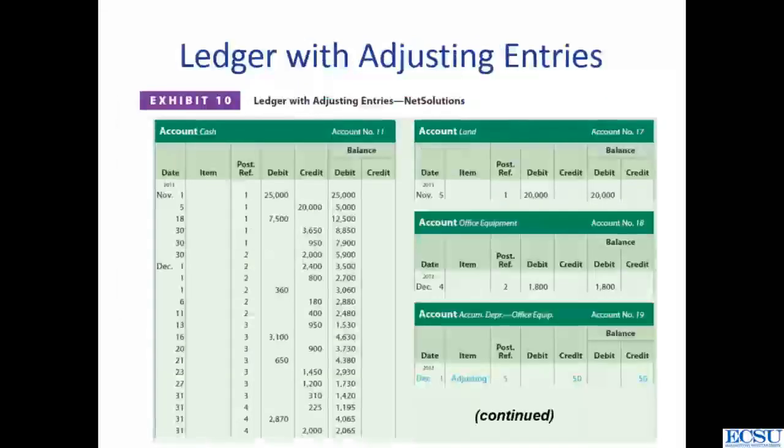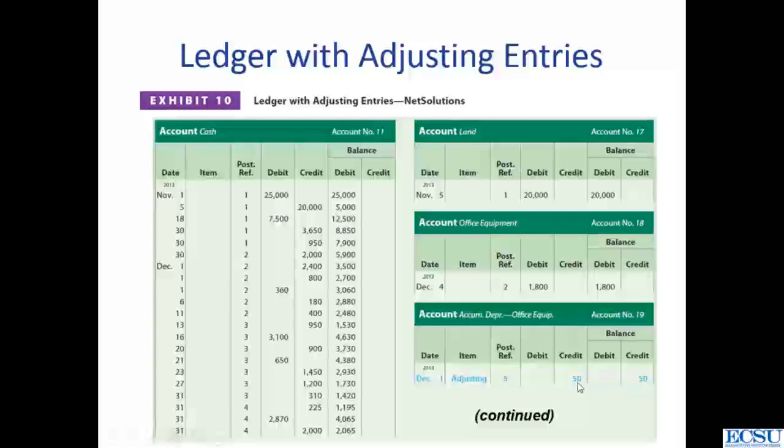Now, this is the summary of the journal entries that we just did. And now I'm going to show you how you actually post in the ledger accounts. In the ledger accounts, you can see adjustment. We write adjusting entries in the item column. So this is where we will be using that item information in the ledger. We'll be writing adjusting, and then of course the same procedure that you'll be following.